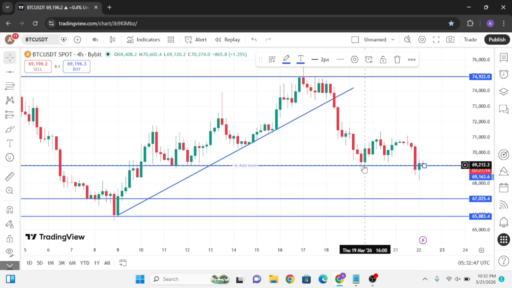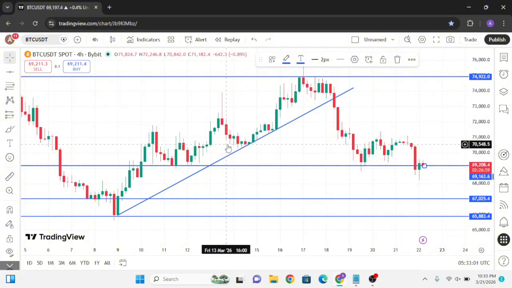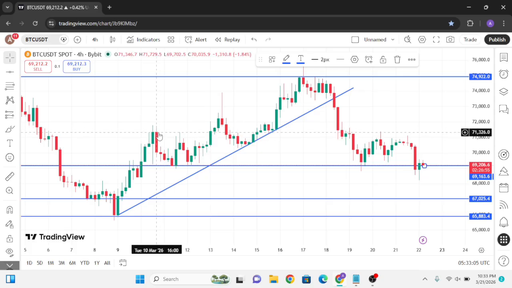The pullback is where traders enter, not when the price is already flying upward and everyone is excited. Now look at this chart and the recent upward move. The price has pulled back from here to here.